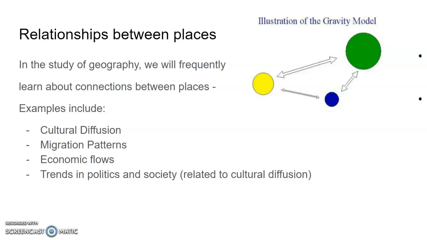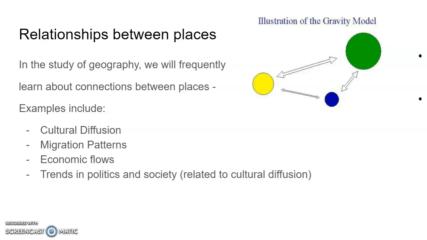In the study of geography, we're going to frequently talk about these sorts of connections. We'll talk about them in a cultural context when we talk about cultural diffusion and why language and religion and food and other elements of culture spread across and throughout geographic spaces or don't spread.